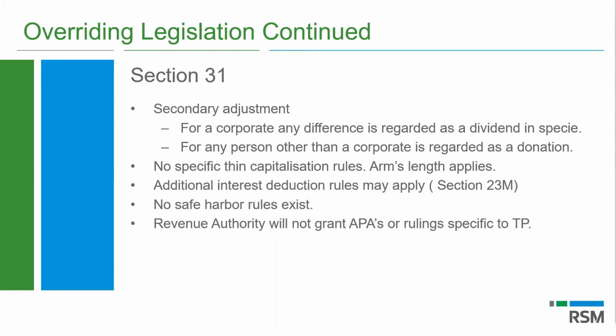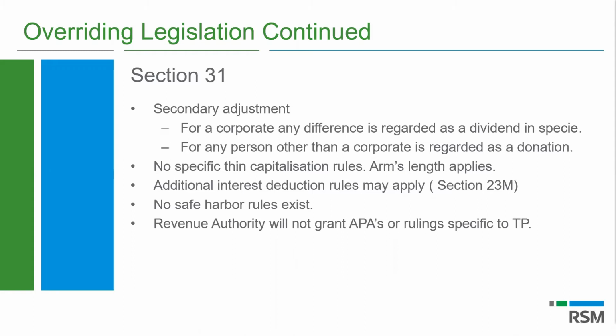That means that you need to consider credit ratings, and then flowing from that, you need to consider what the terms and conditions of those loans are. And then flowing from that, we have additional interest deduction rules, which may or may not apply, and those are set out in Section 23M. And we've seen some fairly large changes to Section 23M over the recent period, which I'm going to discuss.